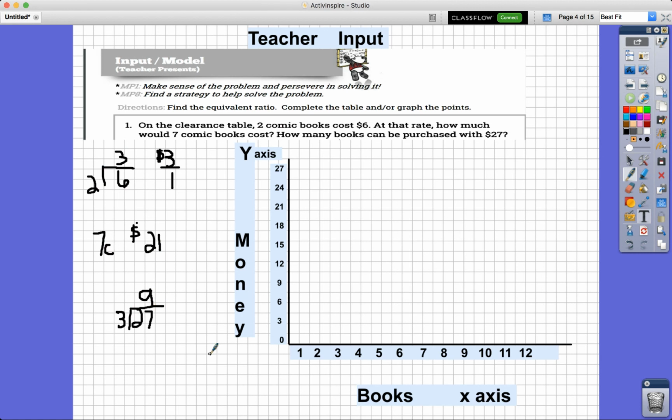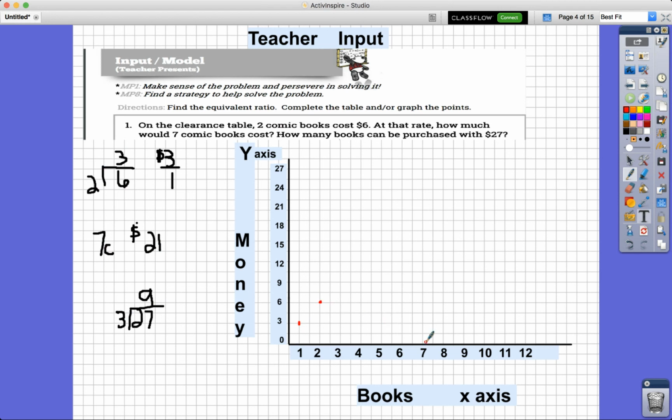So now I'm going to plot this information. My unit rate is 1 book is $3. When I buy 2 books, that's $6.